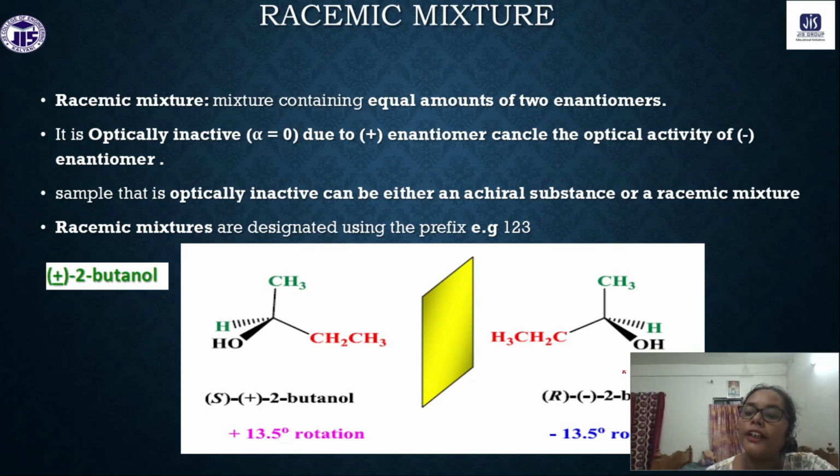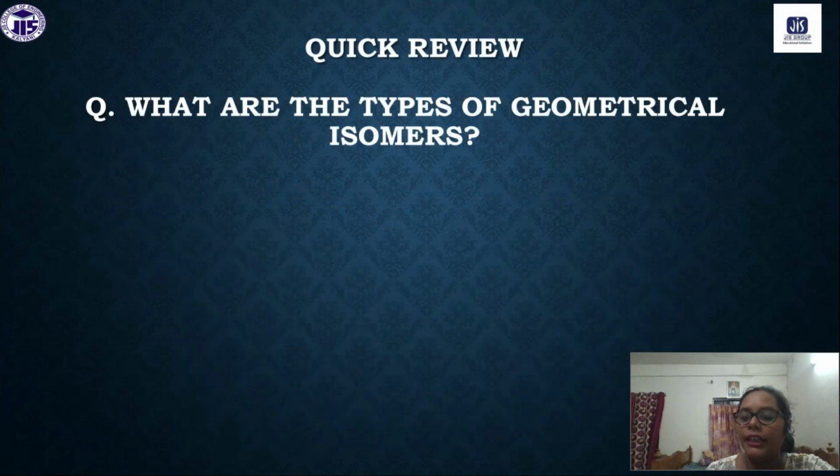So that is why optical activity will be nullified for the racemic mixture. So these are some of the topics, that is today's objective.